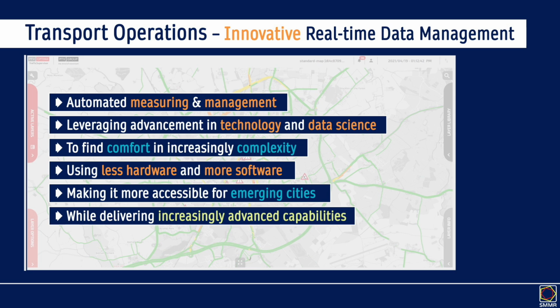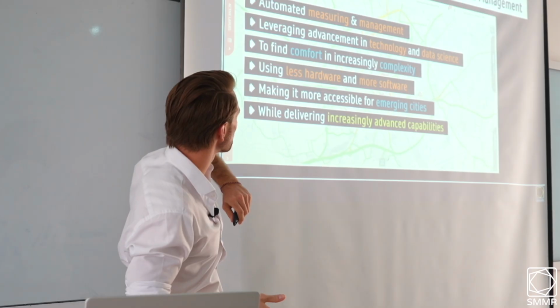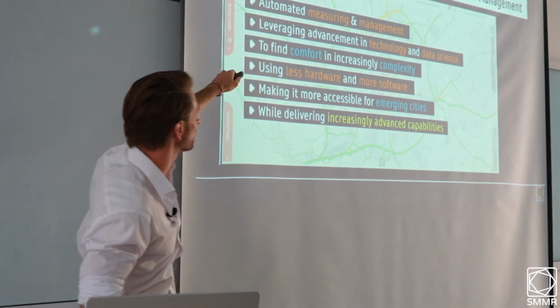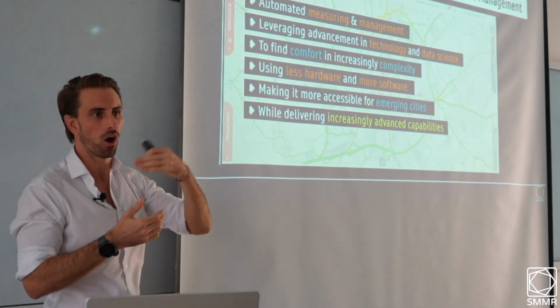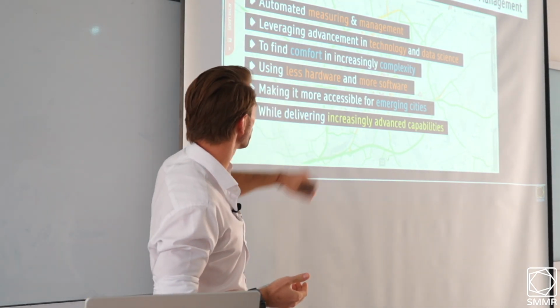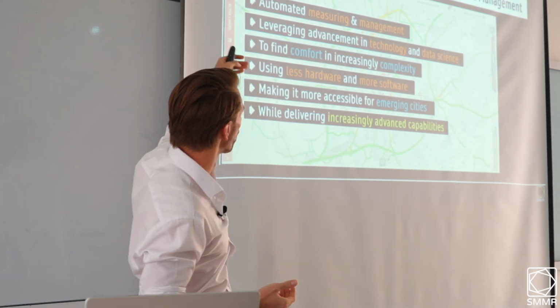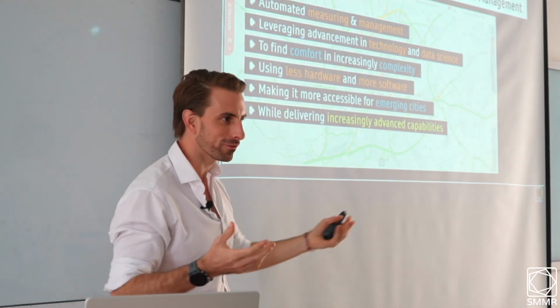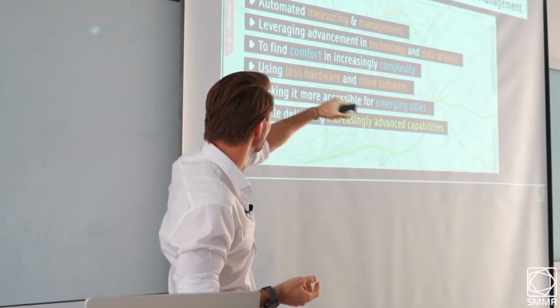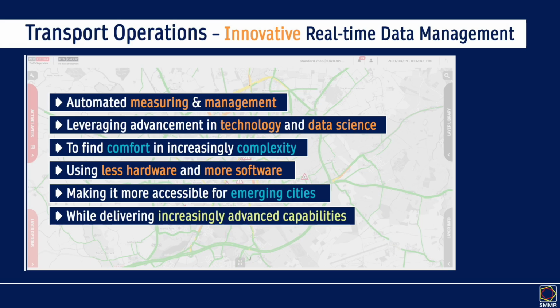Again, it's a really interesting time for you to be working in this space, because we're going through so many different revolutions in data science and electric mobility, and everything is coming together. I like this example because it shows us how we can automate data measurement and management. It also shows us how we can leverage all these different advancements in technology and data science to help us find comfort in increasing complexity.